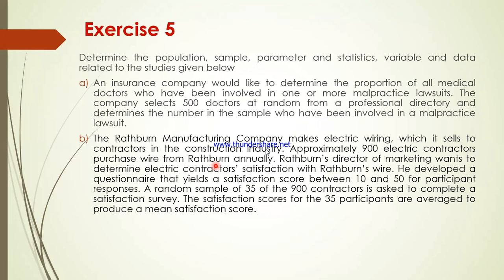Right. Now you describe the sample. Clearly define, right? Don't write it as just 35 electric contractors. You have to clearly define: 35 electric contractors randomly selected from the 900 electric contractors who purchase wire from Rathburn annually.